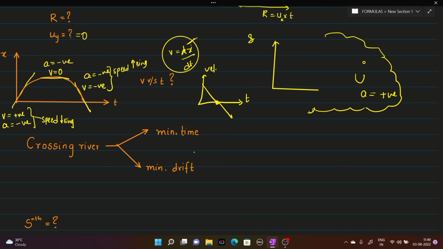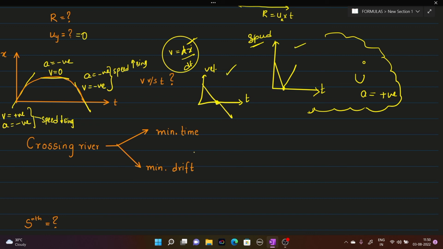This is speed and this is time. First speed is decreasing and then it is increasing, and here it is 0. Velocity is 0, speed is 0. That's common.